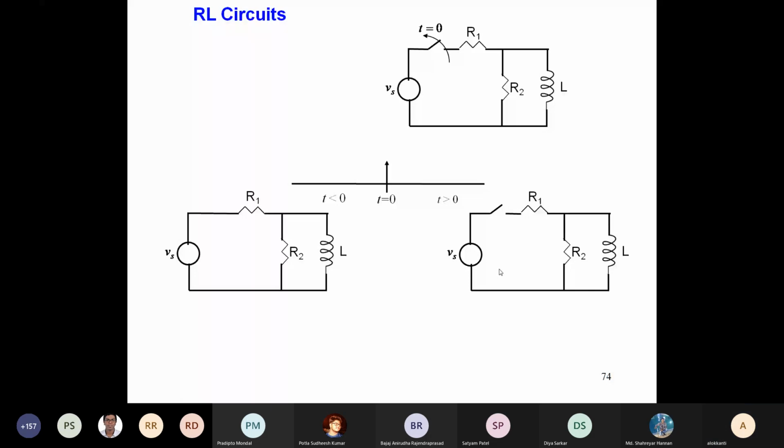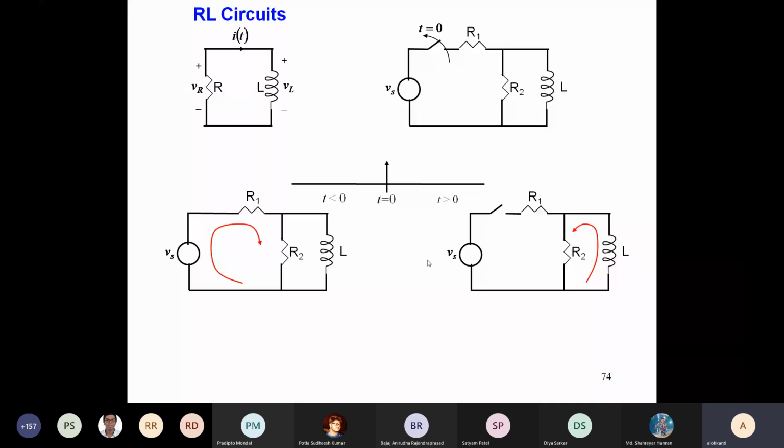The inductor will be acting like a source, but an inductor is not a source like a battery. It has a finite amount of energy, and until that energy is dissipated, there will be some electrical quantity in that circuit, which will eventually die out. So these are the situations for t less than 0 and t greater than 0.